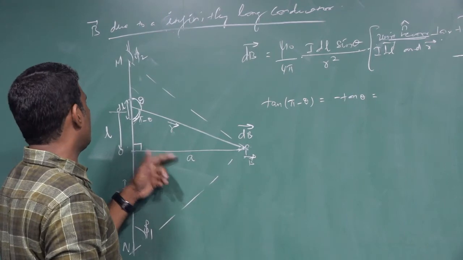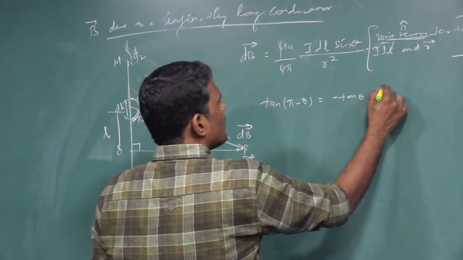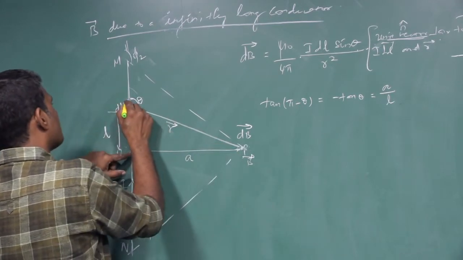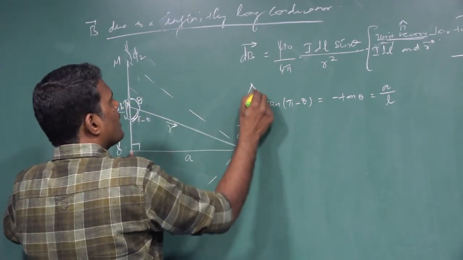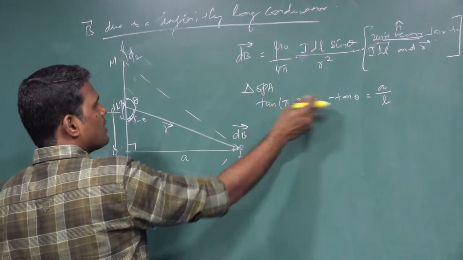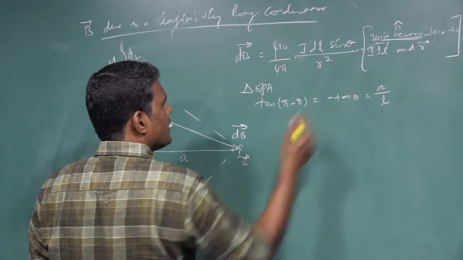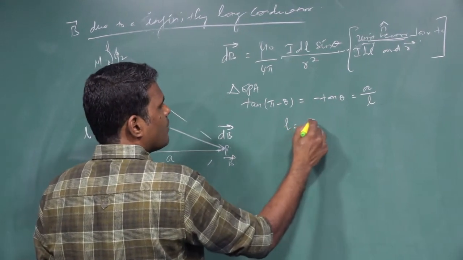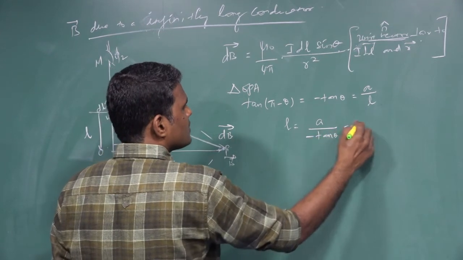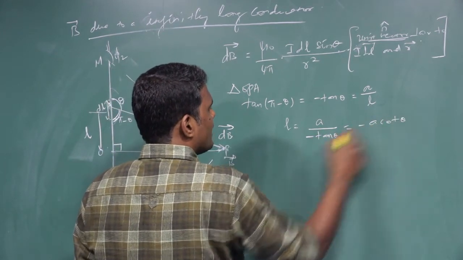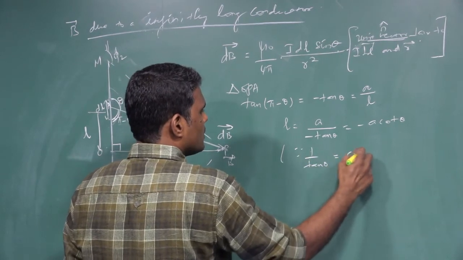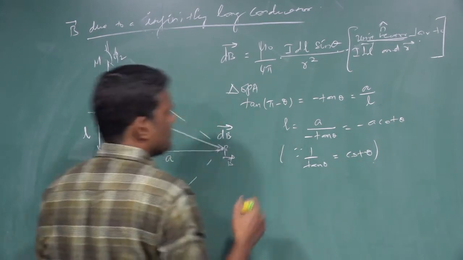Opposite side is A, adjacent side is L. So minus tan theta equals A divided by L. Let us mark this as A. In triangle OPA, tan of pi minus theta equals minus tan theta, which is equal to A divided by L, from which L can be calculated. L equals A by minus tan theta. This is minus A cot theta, since 1 by tan theta equals cot theta.